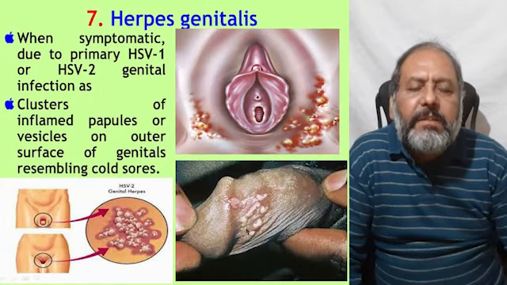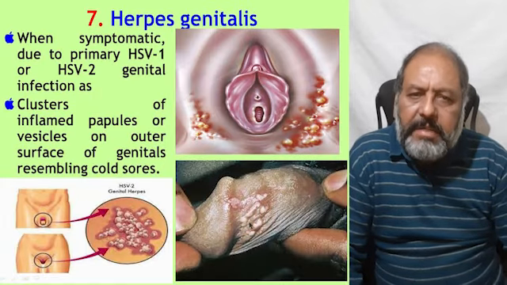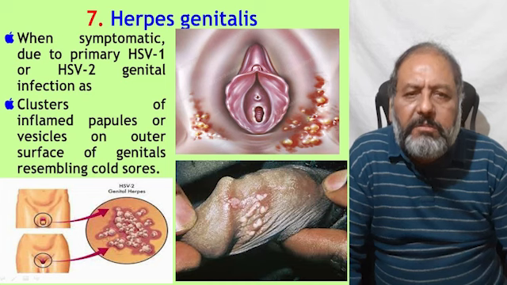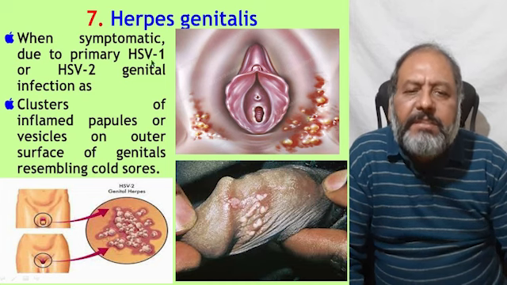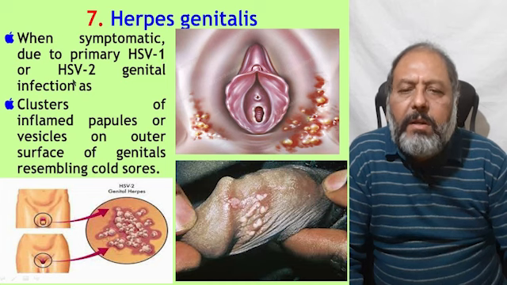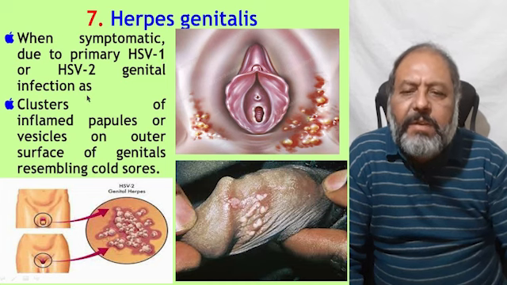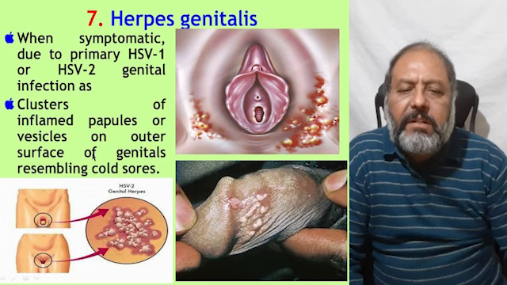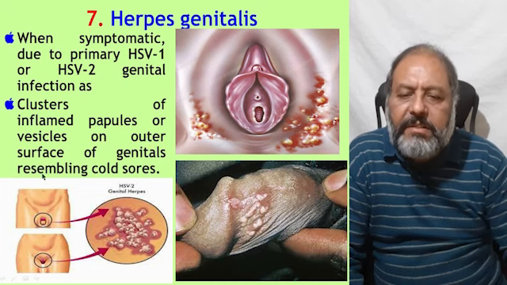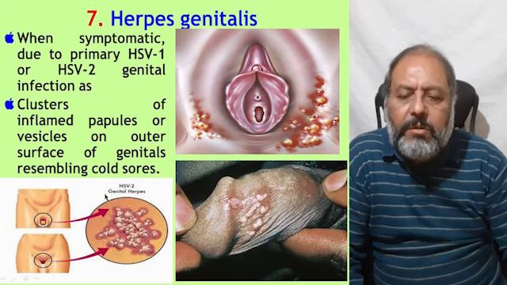Number seven is herpes genitalis; as the name suggests, it involves the genitals. When symptomatic due to primary HSV1 or HSV2 genital infection, it presents as clusters of inflamed papules or vesicles on the outer surface of the genitals resembling cold sores.